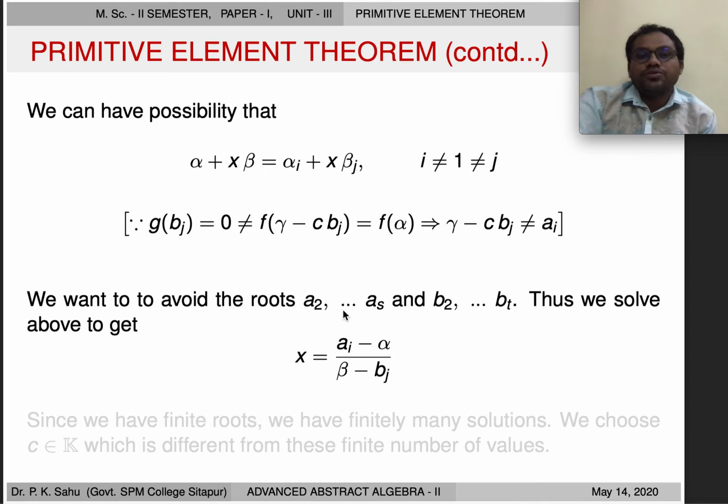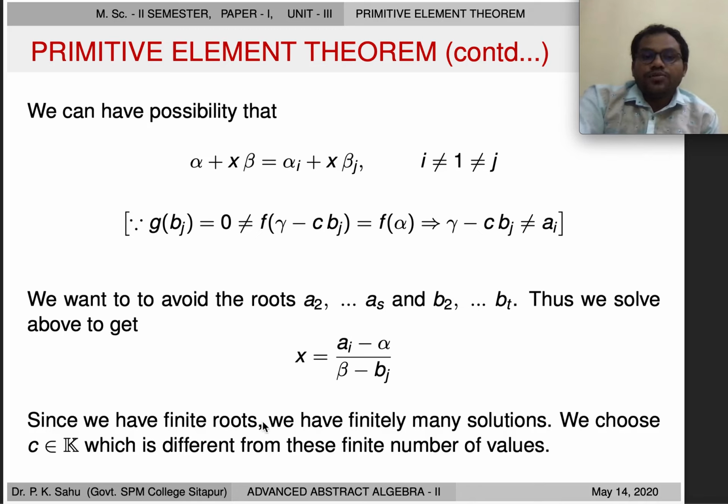This means we want to avoid the roots a2, a3 all the way to as and b2, b3 all the way to bt. Thus we solve this equation to get x equal to this. Only for this value of x is gamma minus c bj equal to ai. Since we have a finite number of roots, we have finitely many solutions, so we can choose c different from this finite number of values. Only for these finitely many values do we have gamma minus c bj equal to ai, in which case bj would be another common root, and we don't want that situation.